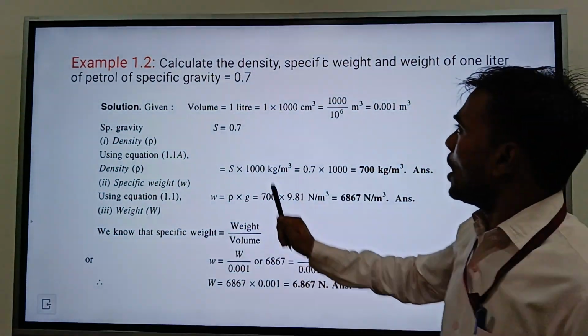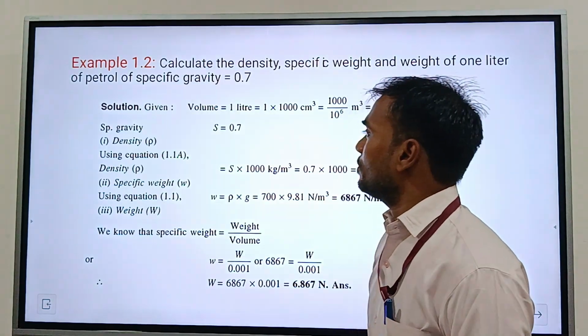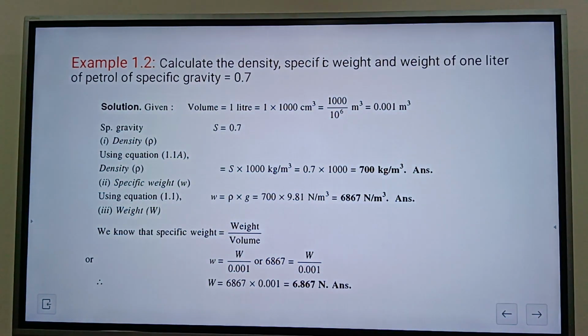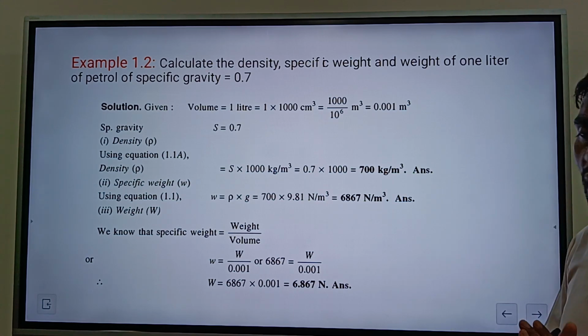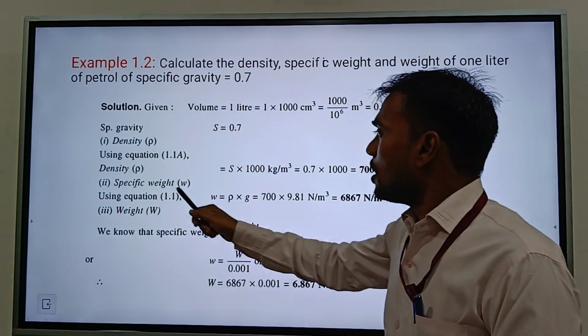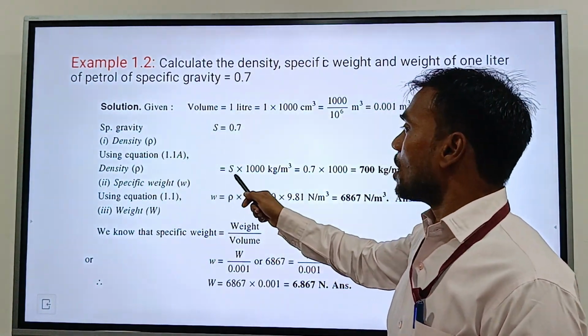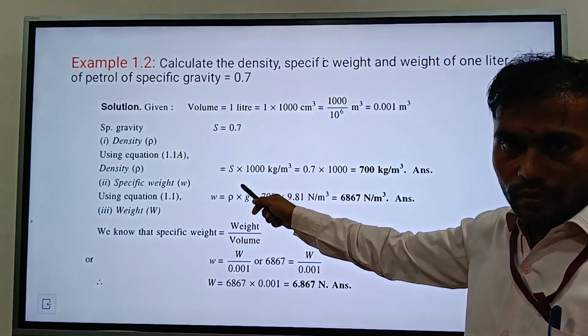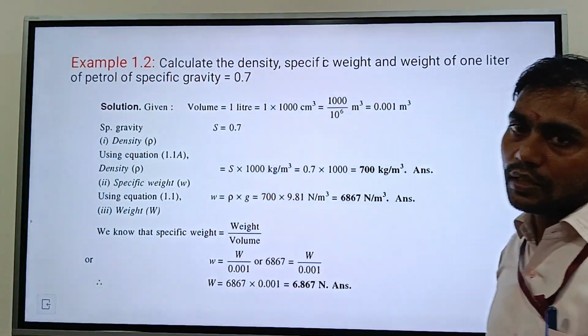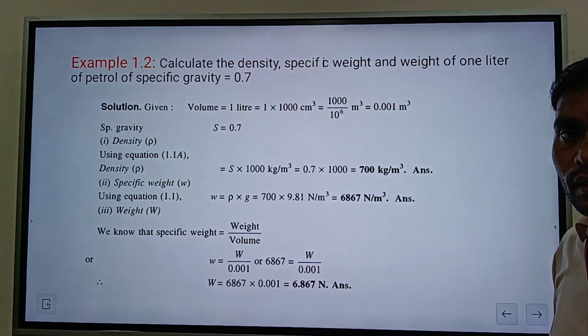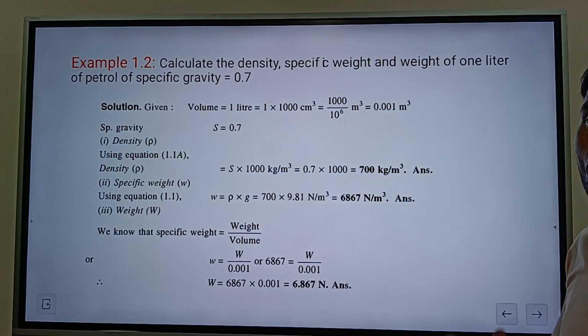So let us calculate the first parameter, that is density. Density is calculated by using the specific gravity formula. Earlier we discussed that density can be defined in terms of specific gravity as S into 1000, where 1000 is the standard density of water.